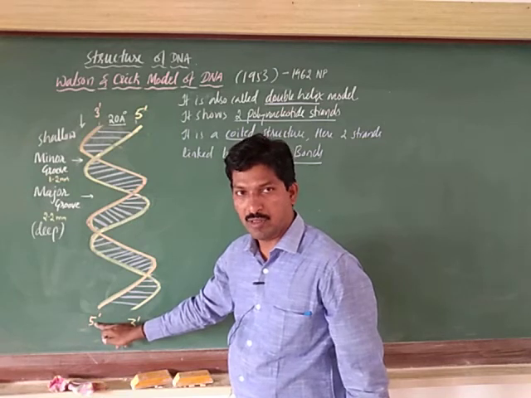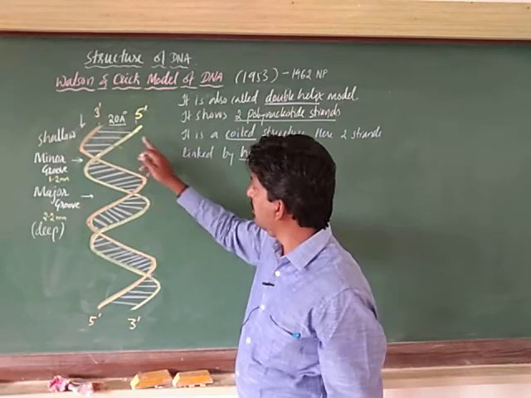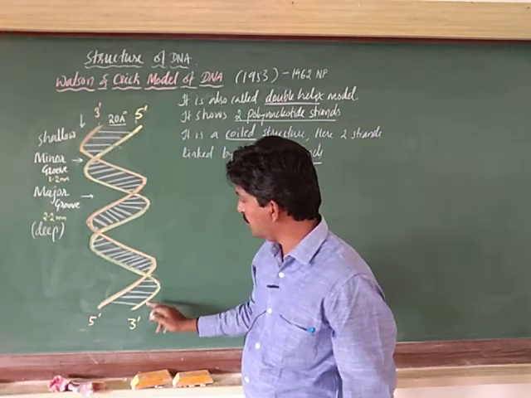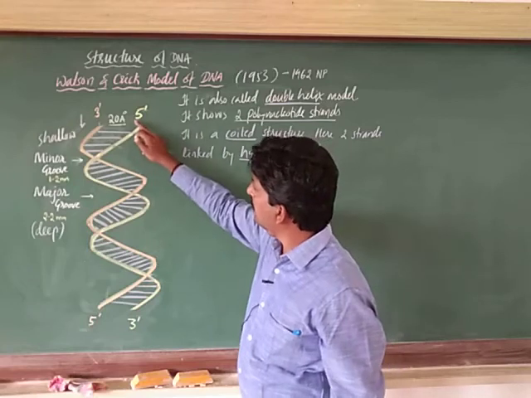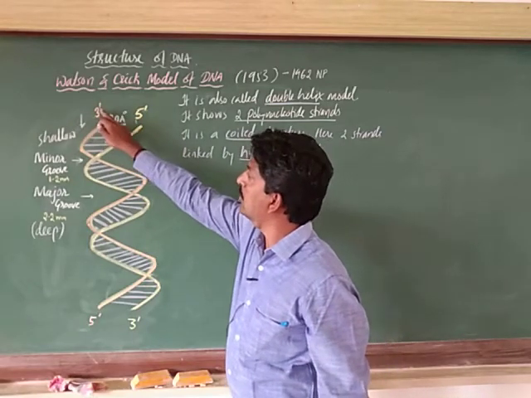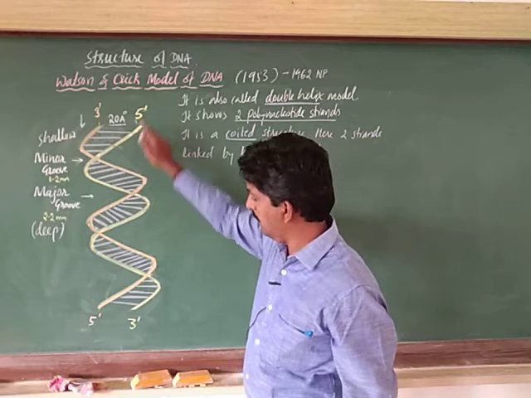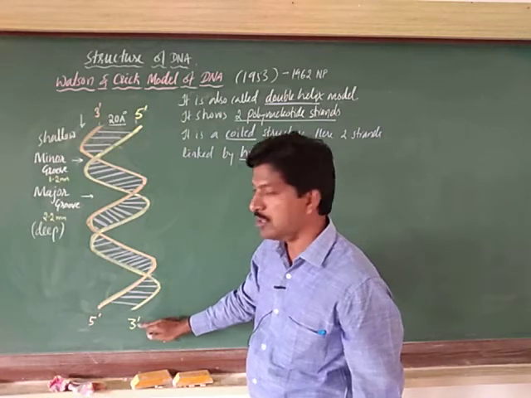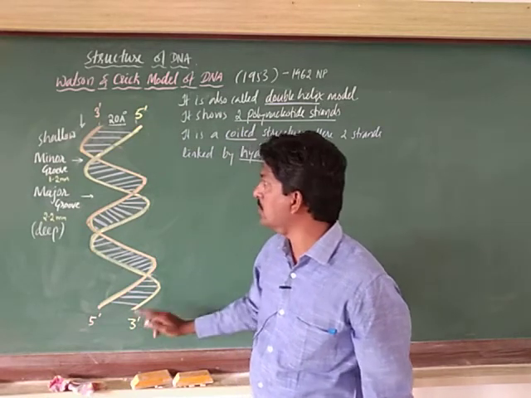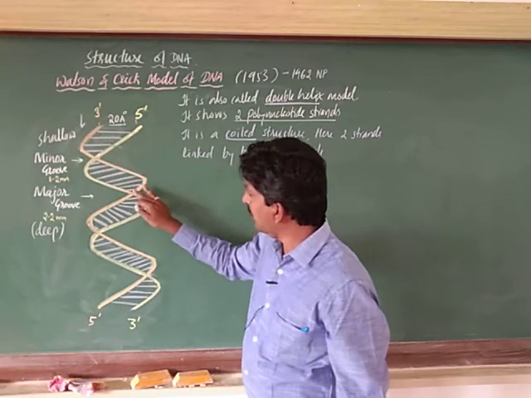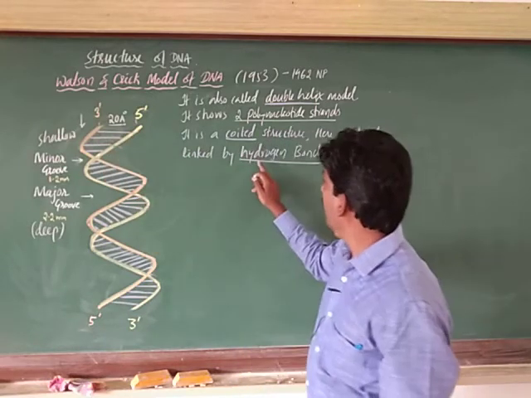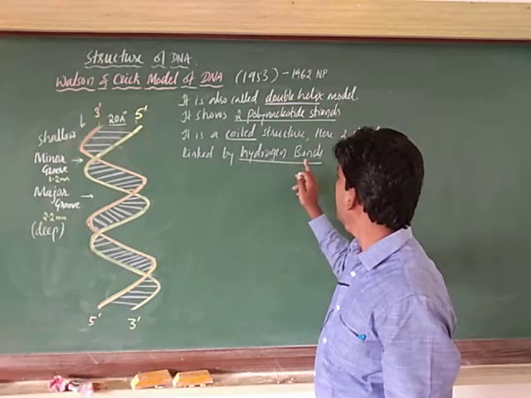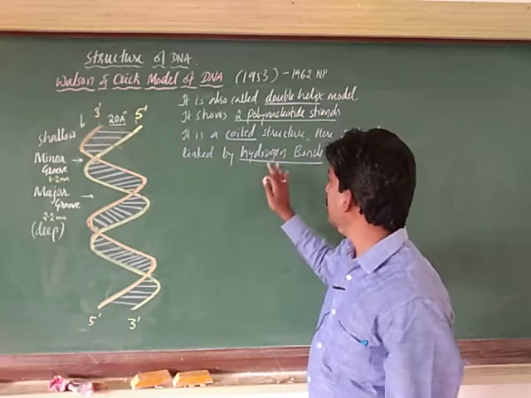The open carbon atom is 5 prime, and opposite to that there is one more strand twisted around it. Opposite to 3 prime, 5 prime will be there, and the same on the other side. In this way two polynucleotide chains are arranged and linked by hydrogen bonds.